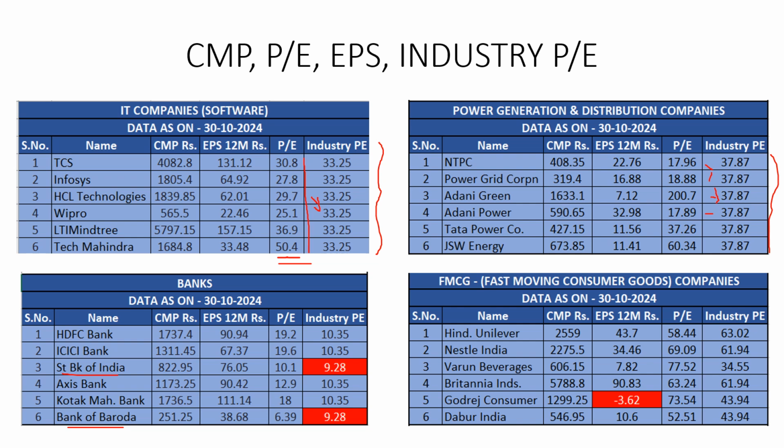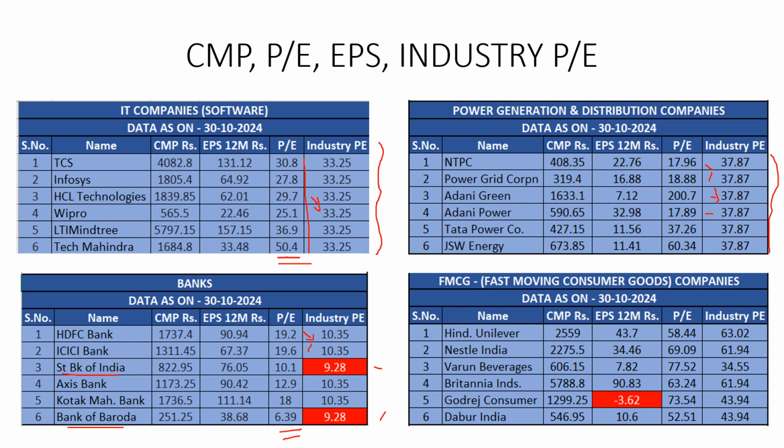All right. Similarly, we also have these two banks, which are public sector banks, whose industry average is 9, and the private sector banks average is 10. Now you can tell which is trading above the industry average, and you can tell which is at par, almost at par, or which is trading below the industry average PE. I wouldn't say undervalued.